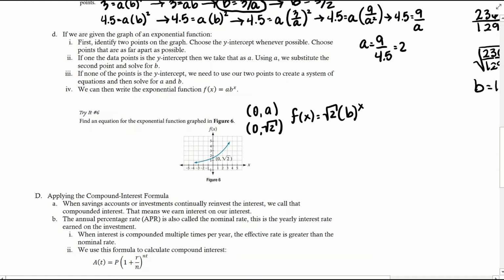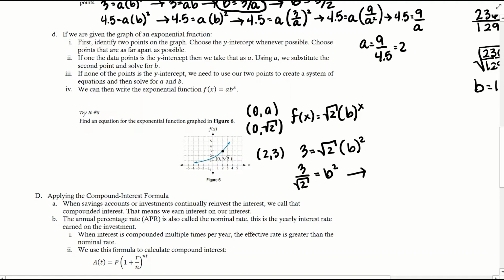So that's what I know so far. Now I'm going to choose another point. It looks like it goes right through 2, 3. So that means I'm going to have 3 equals root 2 times b squared. Now I'm going to divide by the square root of 2. We can just leave it like this right now, because we're not quite done simplifying.